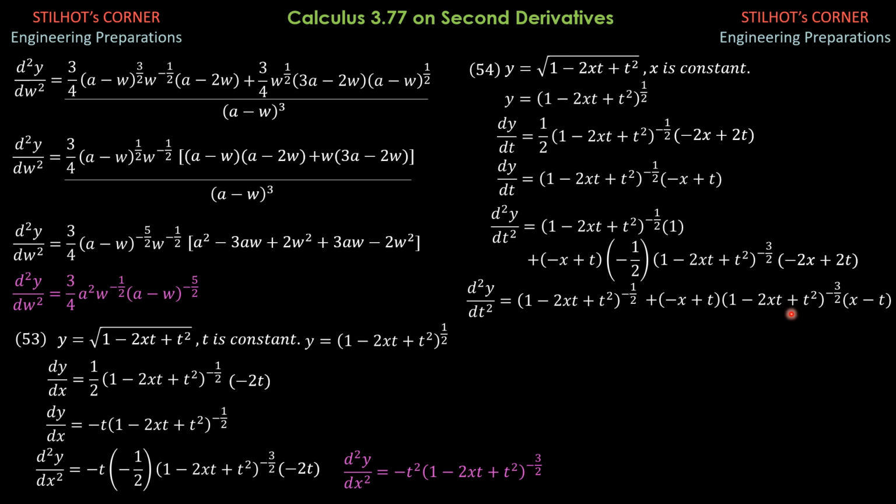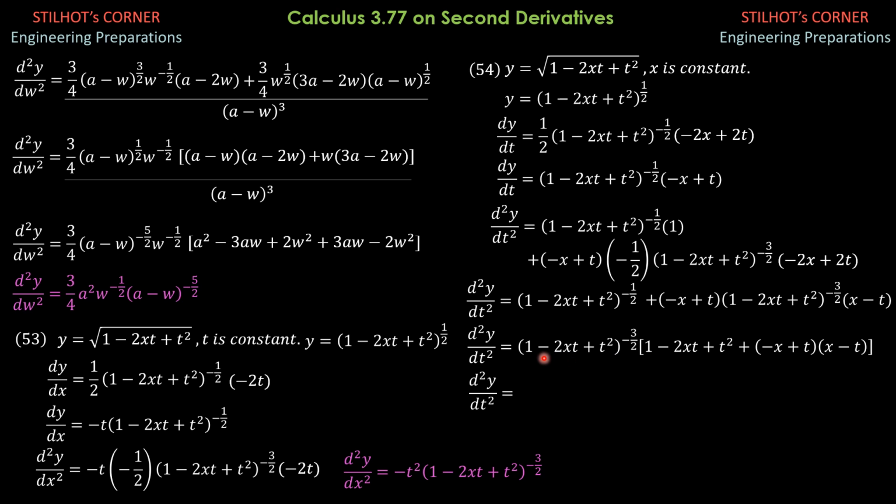Then the common factor here is 1 minus 2xt plus t squared to the negative 3/2. Let's factor that out. Then what remains here is quantity 1 minus 2xt plus t squared raised to 1, then negative x plus t, then times x minus t, because this second term divided by this remains.